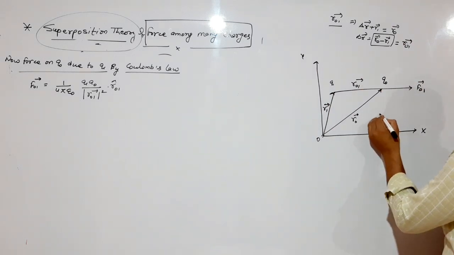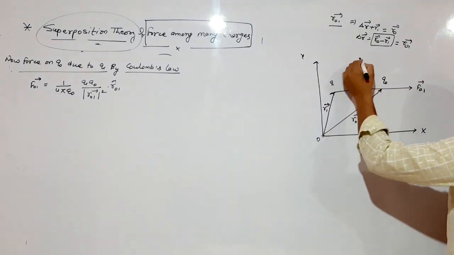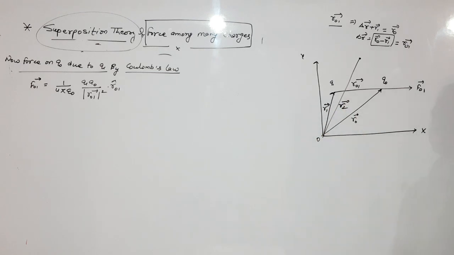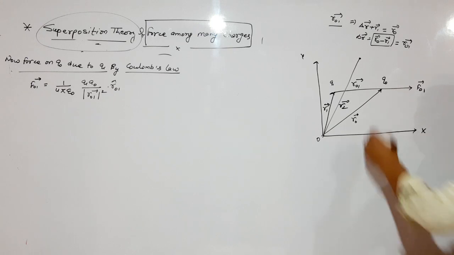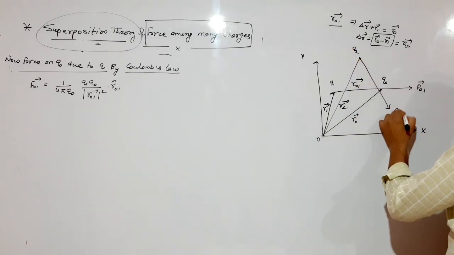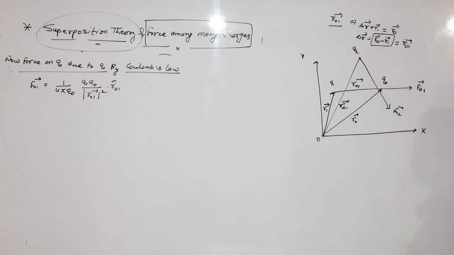If Q2 has position vector r2 vector, then the direction of force will be F02 vector.